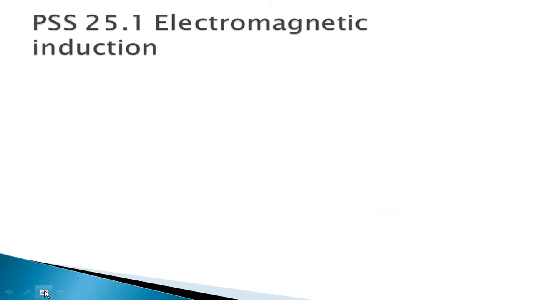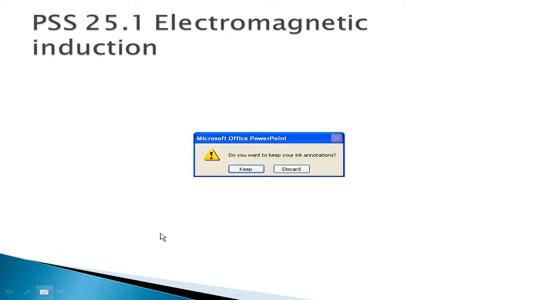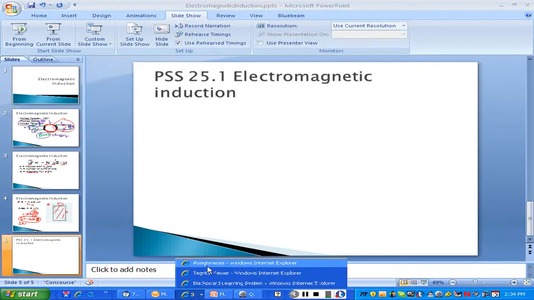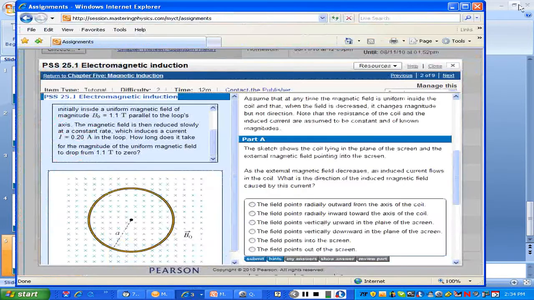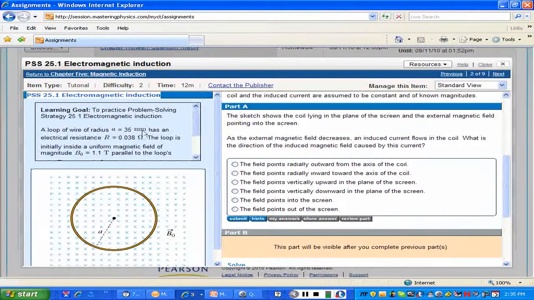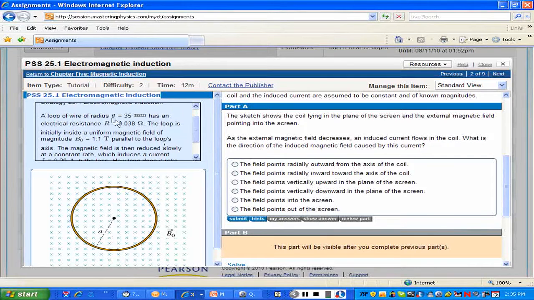I want to take a look here at problem 25.1, electromagnetic induction. So I need to jump back over here to Mastering Physics, and here we have it. Let's blow that up here. In this problem, we are told that we have a loop of radius 0.35 millimeters, and a resistance of 0.038 ohms.